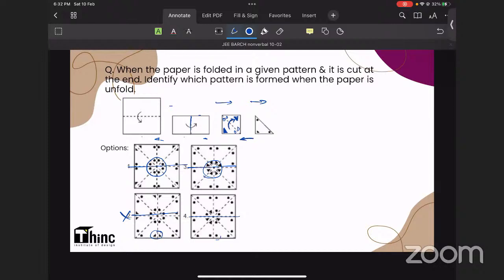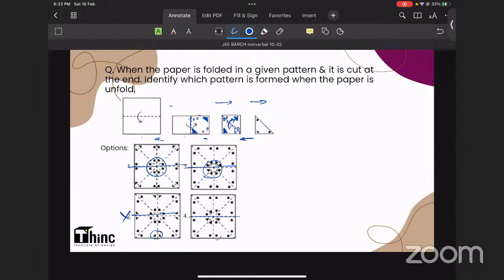This is the piece which we had unfolded. So I had placed my mirror over here. So now I'm going to unfold this one, and 2 dots over here too.